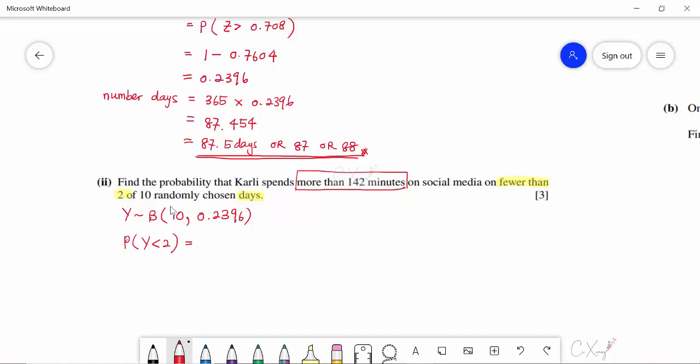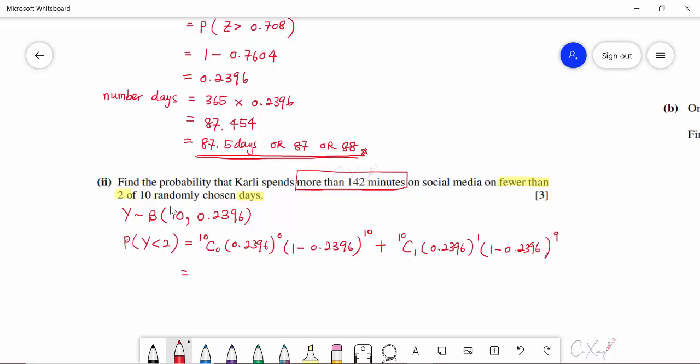So you have y equals to 0. When y equals 0, it will be 10c0, 0.2396 p power 0, and then q. Q is 1 minus 0.2396 power 10. So this is y equals to 0. After that, you also need y equals to 1. 10c1, p power 1, and q power 10 minus 1, which is 9.